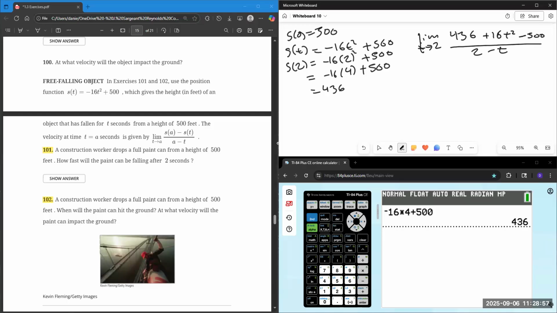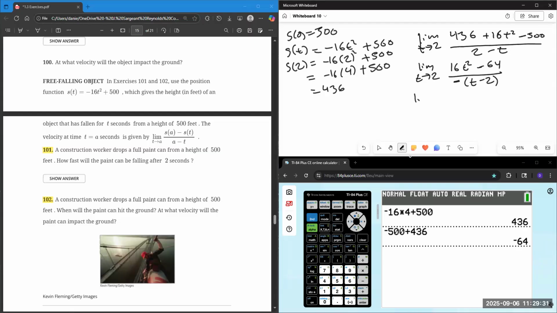So that's going to be limit as t goes to 2 of 16t squared minus, let's see, negative 500 plus 436, a negative 64. I'm going to call this a negative (t minus 2) right here.